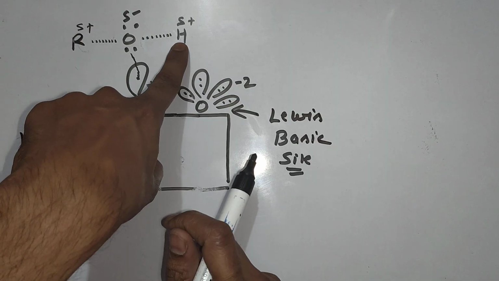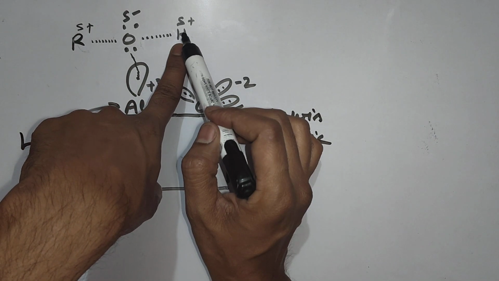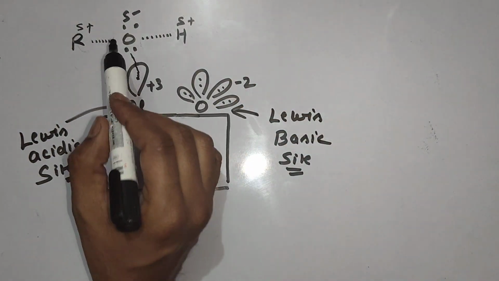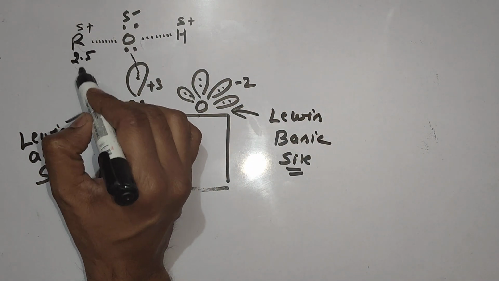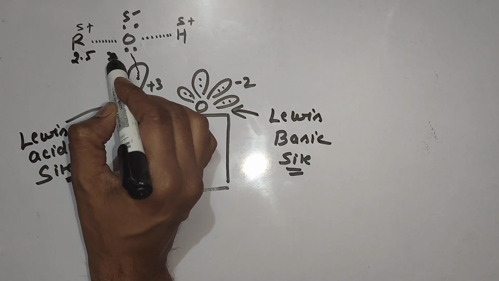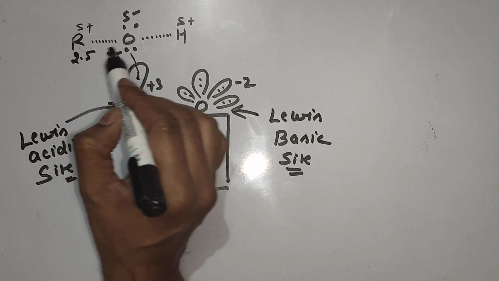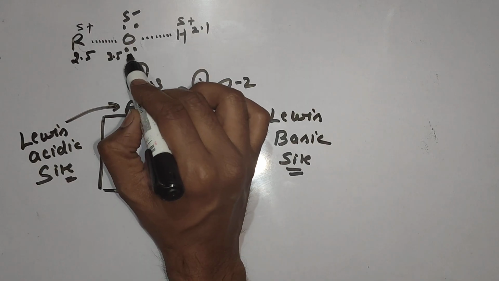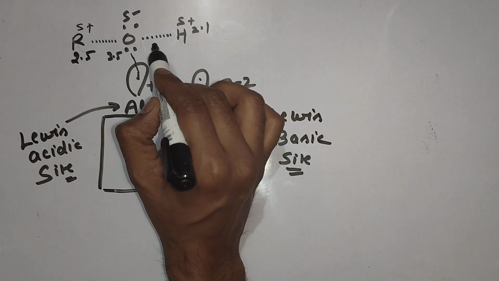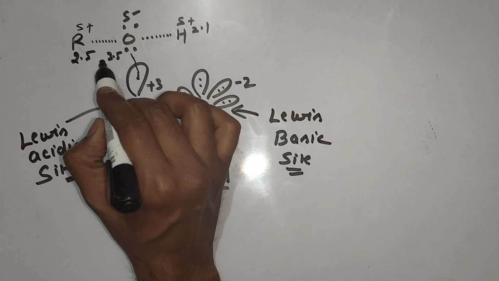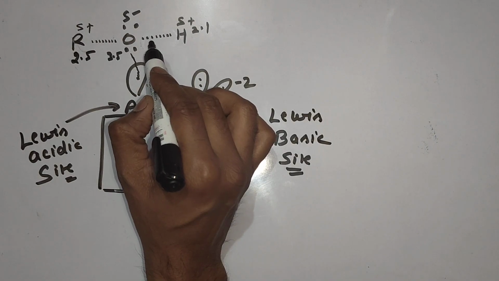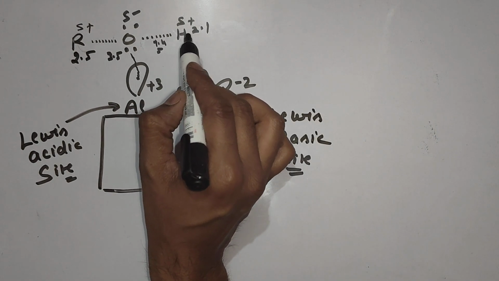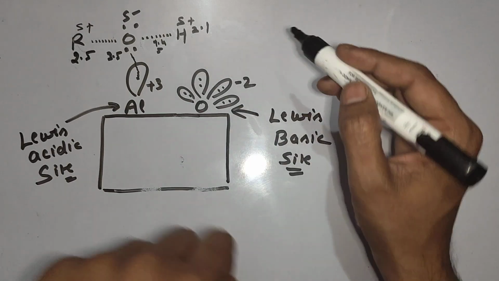Hydrogen will have more positive charge because between oxygen and hydrogen there is a larger electronegativity difference as compared to carbon and oxygen. Carbon electronegativity we know is 2.5, oxygen 3.5, so the difference is 1, and hydrogen electronegativity is 2.1, so the difference will be 1.4. So here we have more electronegativity difference, meaning hydrogen will be more positively charged.